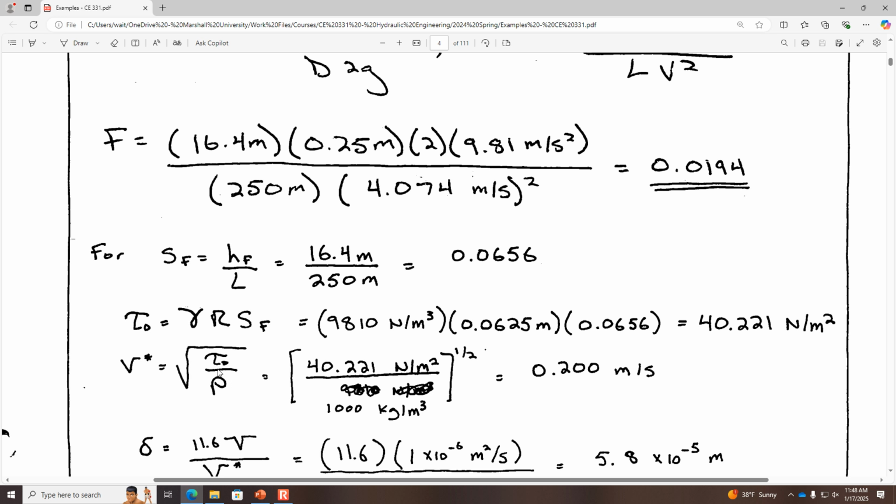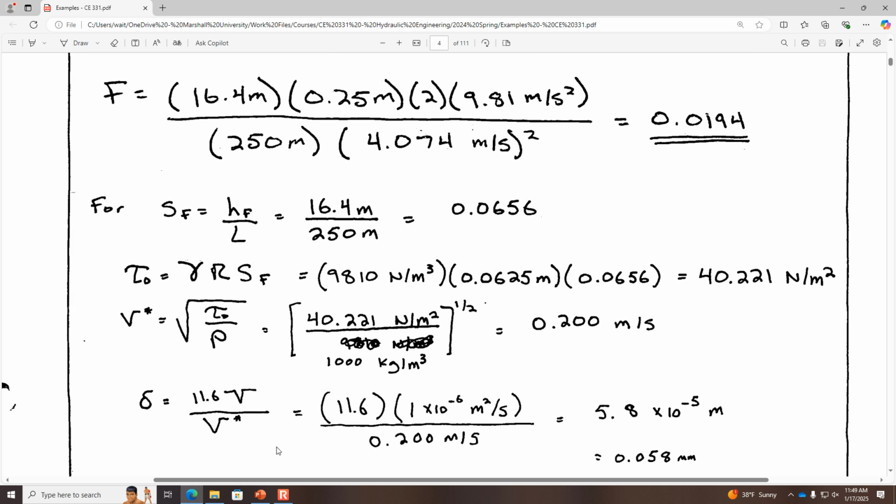And this is water, so it's got a density of 1,000. From that we can get the shear velocity. 0.2 meters per second is the shear velocity, which remember is just some expression of the magnitude of shear stress. Then we put that into Morrison-Wigert's empirical equation for estimating the thickness of the boundary layer, which has units of meters. So 5.8 times 10 to the minus fifth meters.